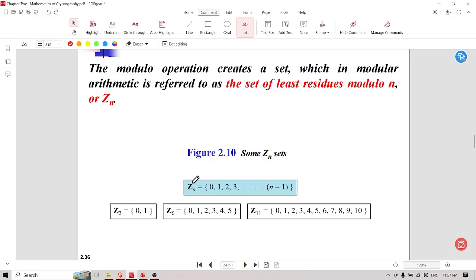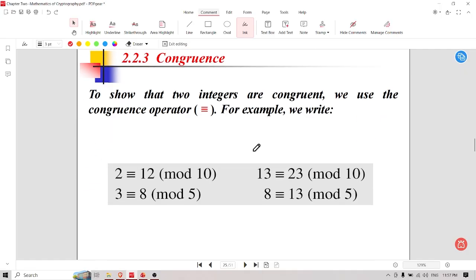What does it mean? Let's say n is 2, n minus 1 would be 1, so 0 and 1. If it is 6, 6 minus 1 would be 5, so 0 to 5. If it is 11, 11 minus 1 would be 10, so 0 to 10.